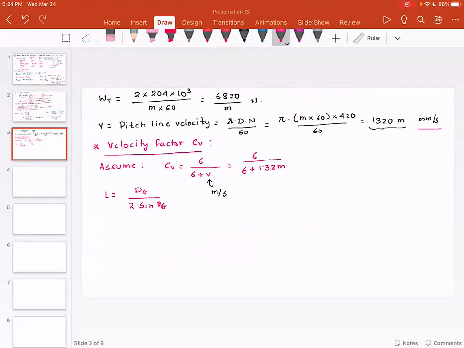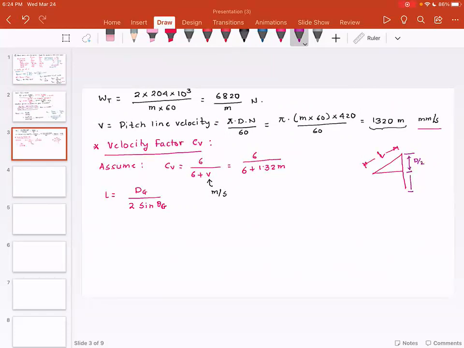One thing that I want you to consider is that this is nothing but a simple triangulation. This distance is the length L, and we are trying to find it.